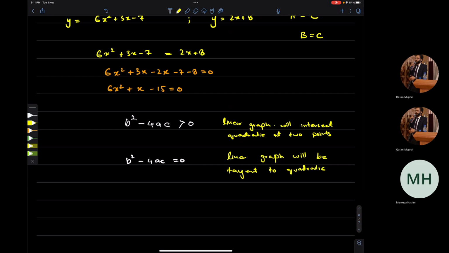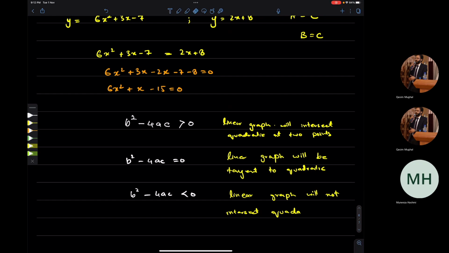Okay, and then at the end, if b squared minus 4ac is less than 0, then it means that the linear graph will not intersect the quadratic.